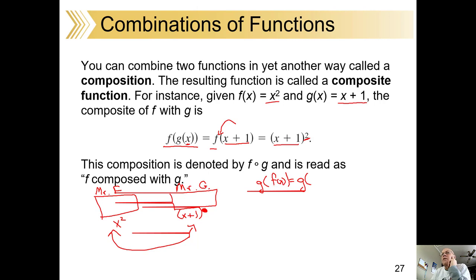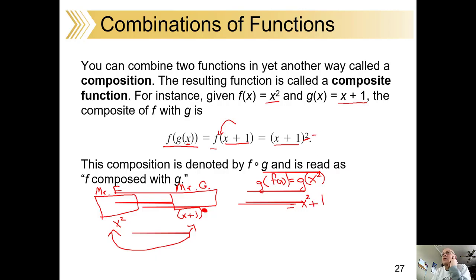What does the result of f of x look like? Well, f of x says x squared is what you get. So what G is going to see is the result of x squared. What does G do? It adds 1 to whatever it gets. It gets x squared, adds 1 to it.